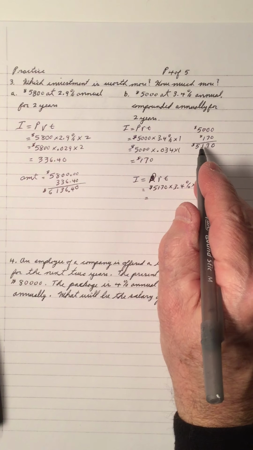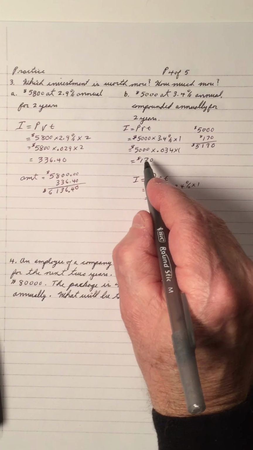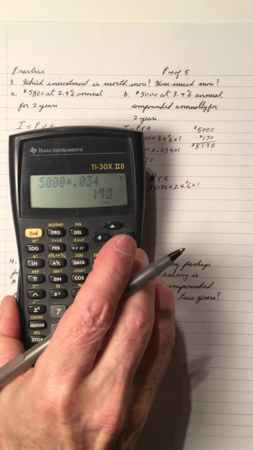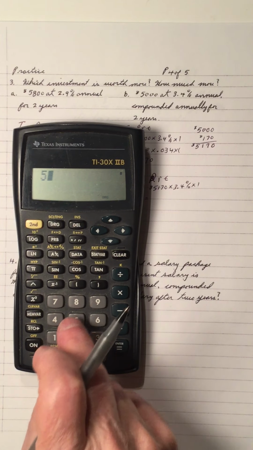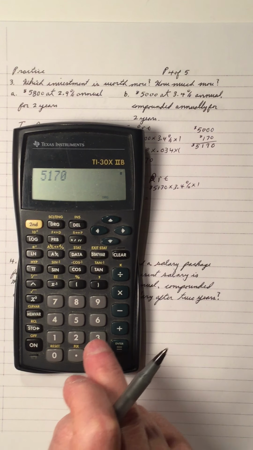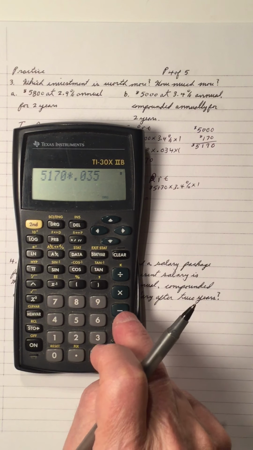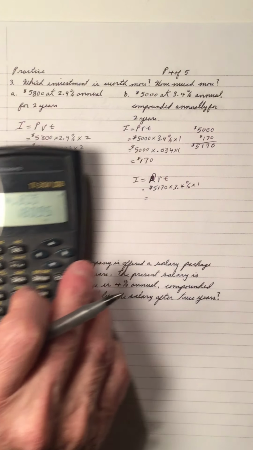So notice at the end of 1 year, you got your 5,000 plus your 170. So that's 5,170. So we work that out. We clear it. So it's 5,170 times 0.35 and times it by 1, don't have to. We get $180.